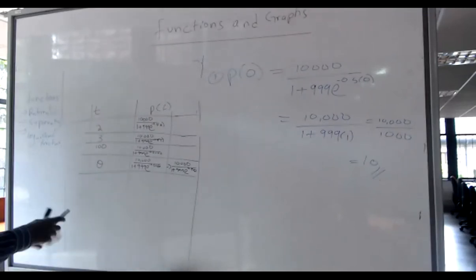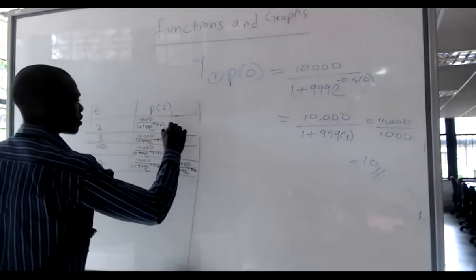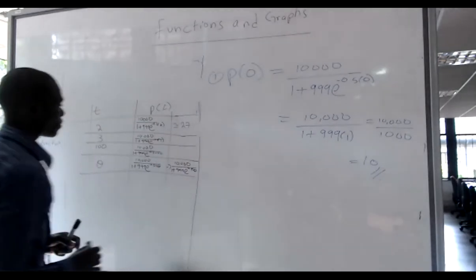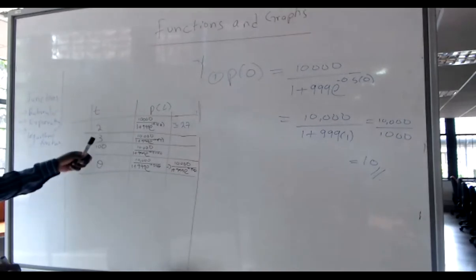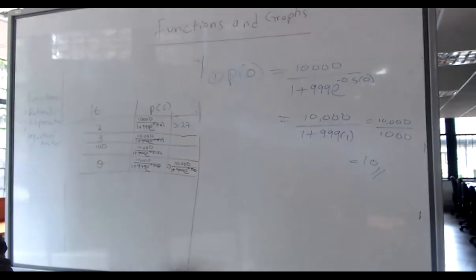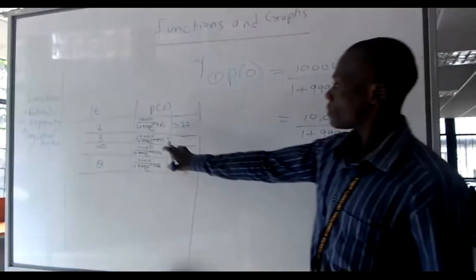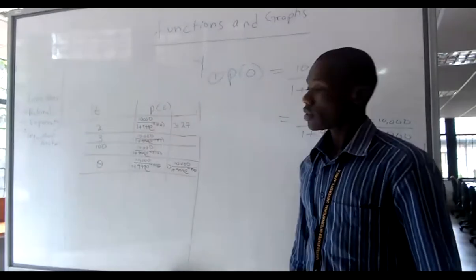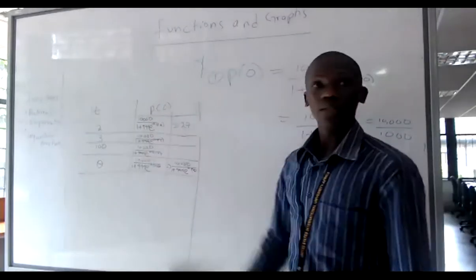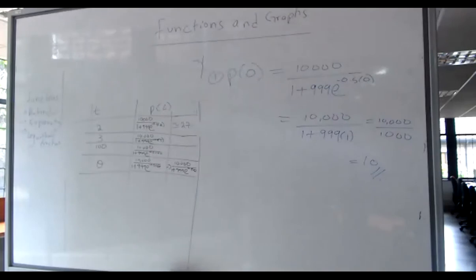So that's approximately 27. How about 3? Someone to do for 100. Please, let's save on time. Just put this in the calculator, the way it is. 10,000 divided by that. I'm going to use brackets.